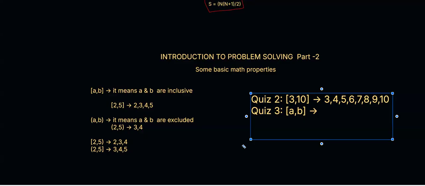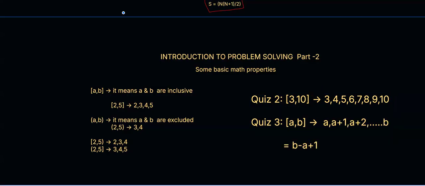So for example, if you check that quiz 2, now you can see B minus A comma B minus A plus 1, right? Now I will tell you how it will work. Here you can see 10. 10 you can take as B, and 3 you can take as A. 10 minus 3 is 7, plus 1 is equal to 8.